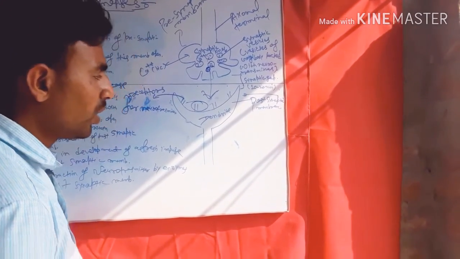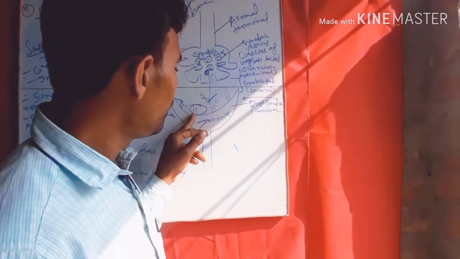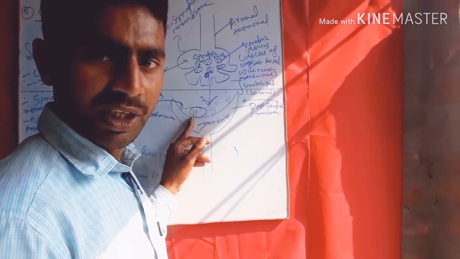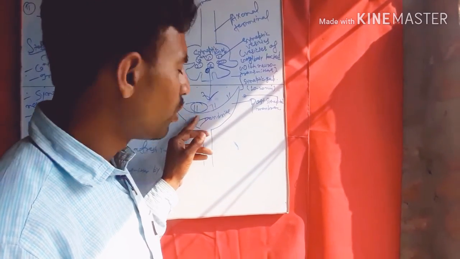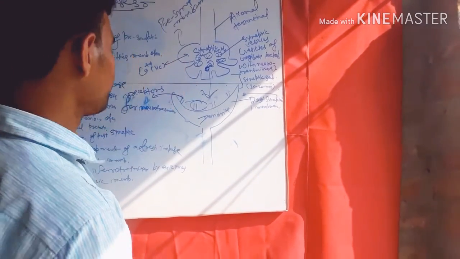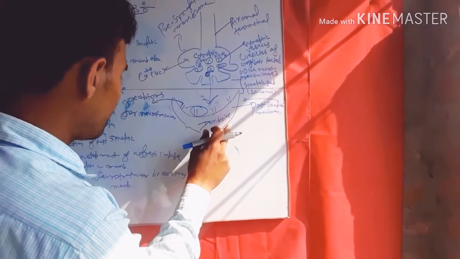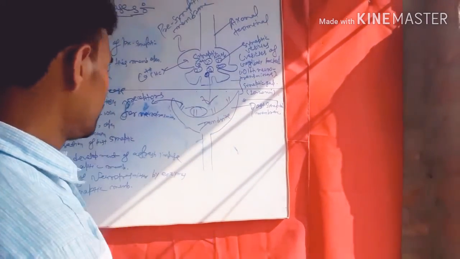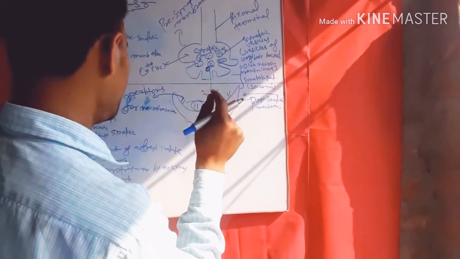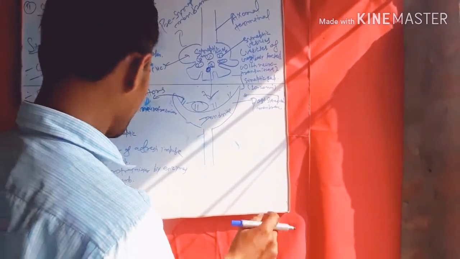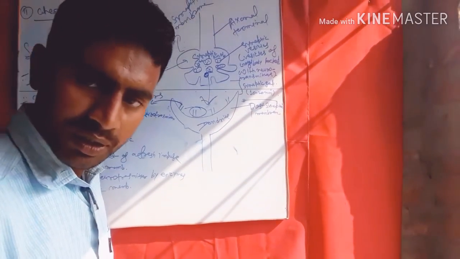Okay. When neurotransmitter binds with receptor, then sodium ion channel protein of postsynaptic membrane opens. Then depolarization of postsynaptic membrane. Then it results in development of a fresh impulse.